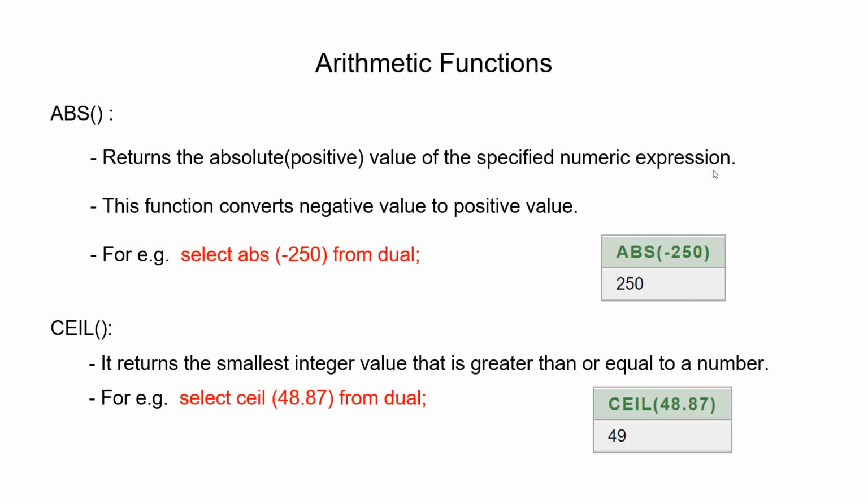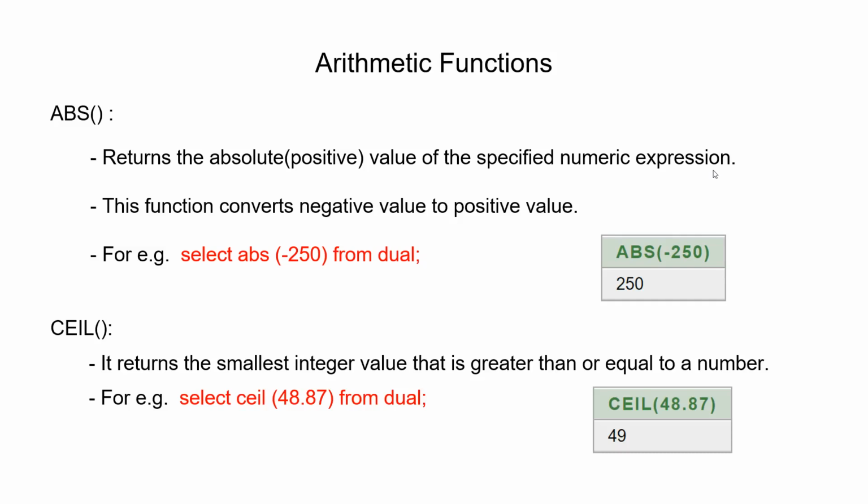Then ceil. It returns the smallest integer value that is greater than or equal to a number. Now this ceil is what? I will give you one hint. Ceil means as our house ceiling is at the upper side, so this ceil returns the value which is at the upper side.